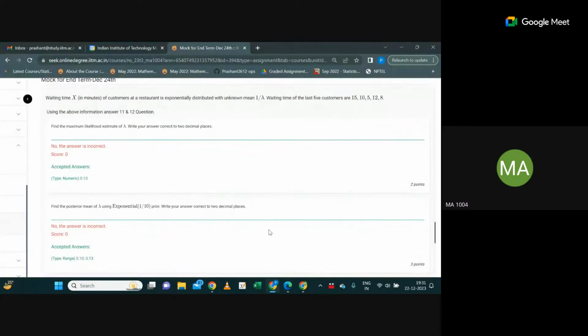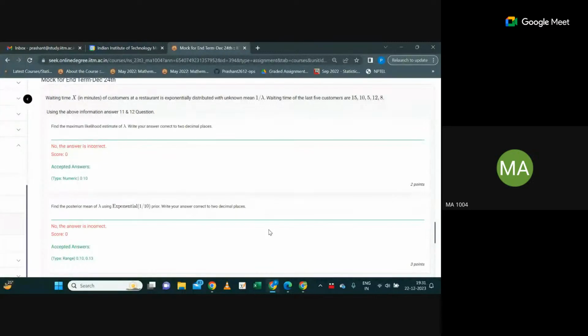Okay, so the next question says find the posterior mean of lambda using the exponential 1 by 10 prior. Now, to find the posterior mean, what should be our approach? We are doing Bayesian estimation, right? I will have some prior information for my parameter.